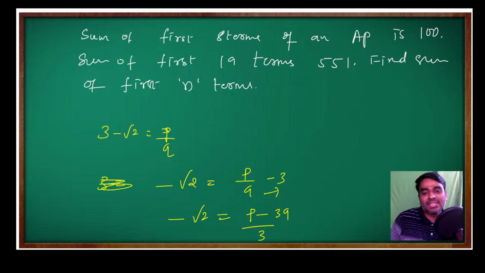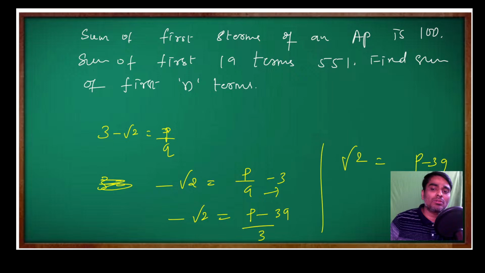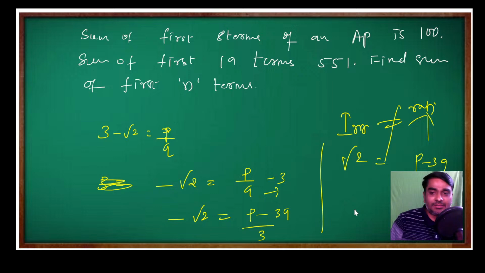So you keep this negative here only, or you can just write root 2 equals P minus 3Q divided by minus Q. This is rational and this is irrational. Not possible, right? That's it. Same way, or you can just keep minus root 2 also. Minus root 2, it is irrational. You can keep it like that also, no problem.